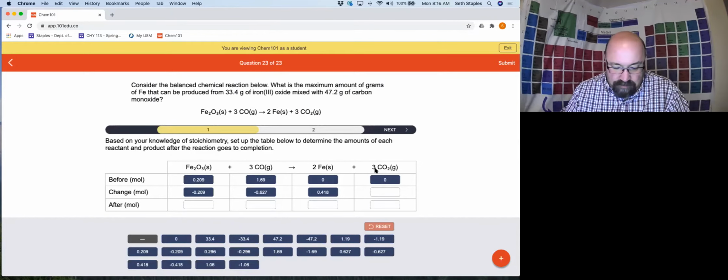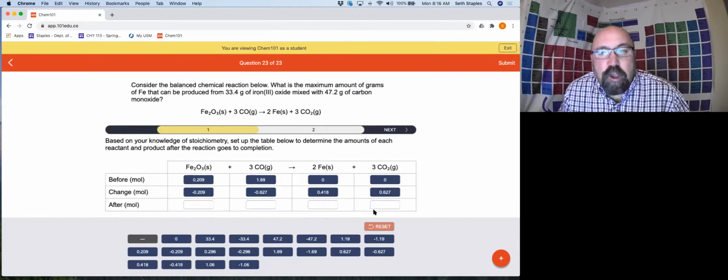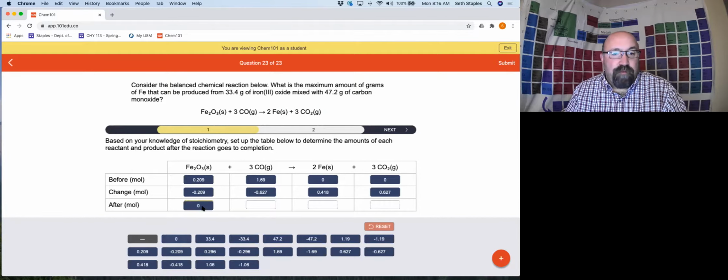So 0.209 times 3 means that we're going to gain a total of 0.627 carbon dioxides. And now we can fill out the afters. 0.209 minus 0.209 means that we're left with 0 iron 3 oxides. 1.69 minus 0.627 means that we're left with 1.06 moles of carbon monoxide.